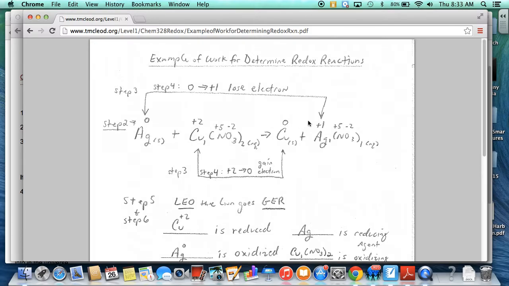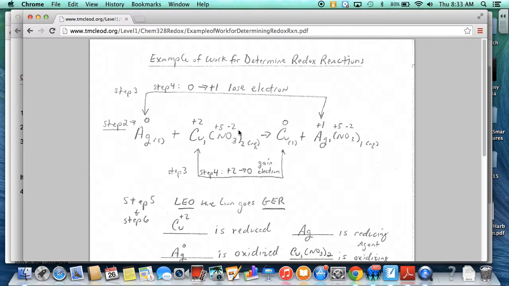So that's an element, 0 oxidation. That's an element, 0 oxidation. Then the next things I look for are binary ionic compounds, because you know the oxidation number is the charge. There are none here. Then I do polyatomic ions and molecular compounds, but there are none there either.